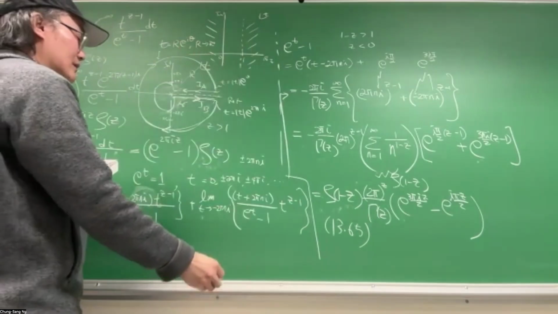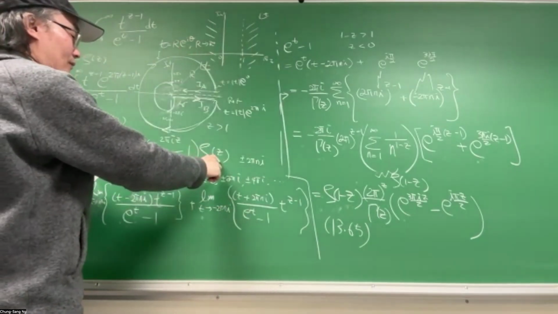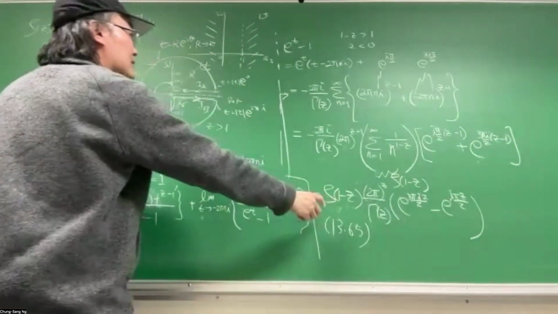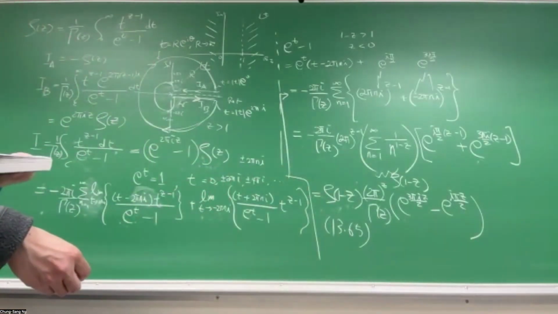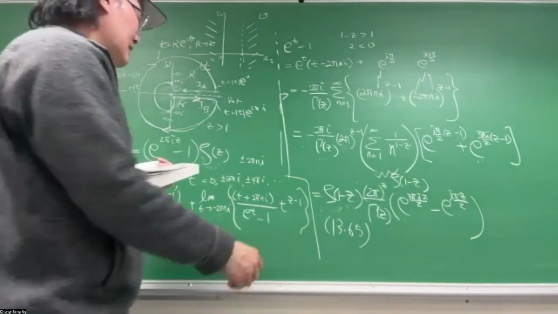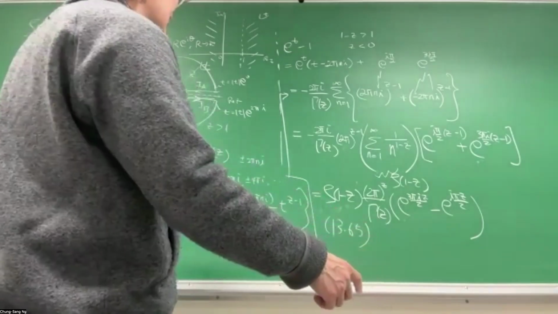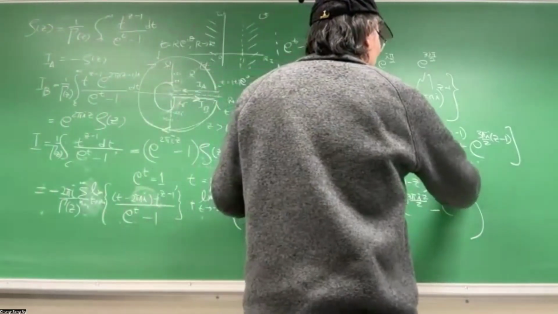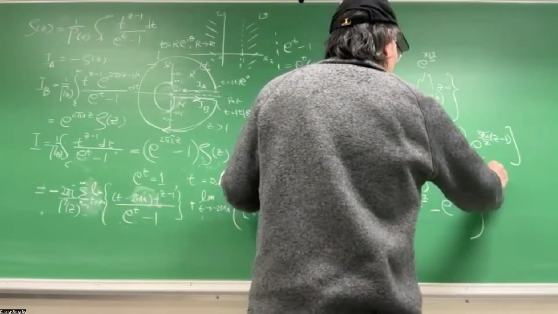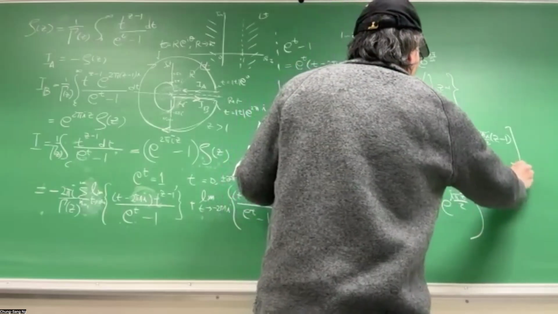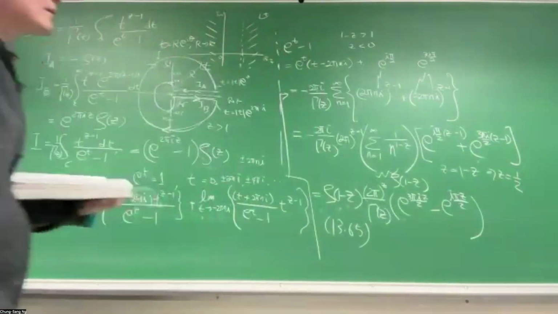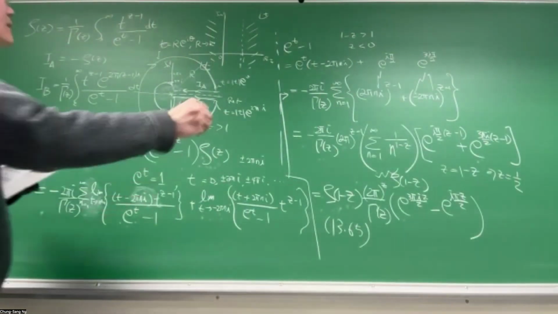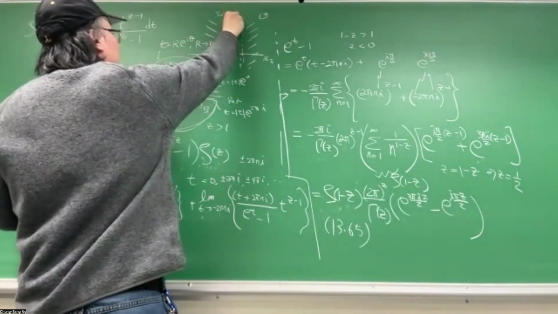And the reflection line is when the two are the same. So here's when z equals 1 minus z. If z equals 1 minus z, that means z is 1/2. So the reflection line is at this point.